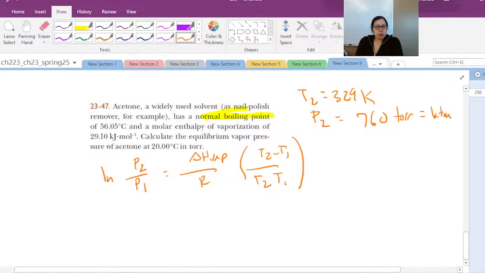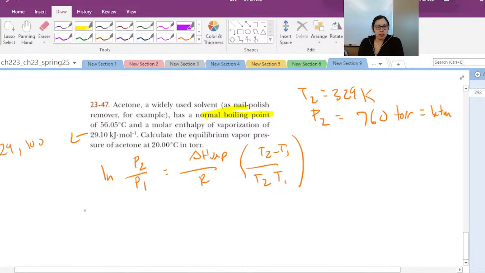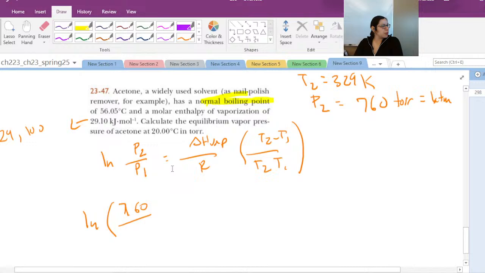Okay, so we got our entropy. I'm going to change that to joules, again just because our R is in joules, so I don't want to make a unit error. And so now I think we're ready to plug it in and solve. We're trying to get our new vapor pressure at this temperature.